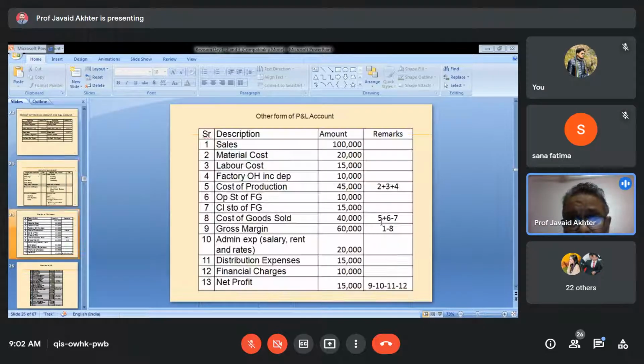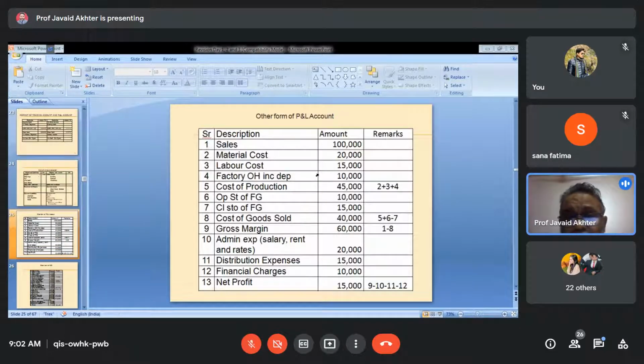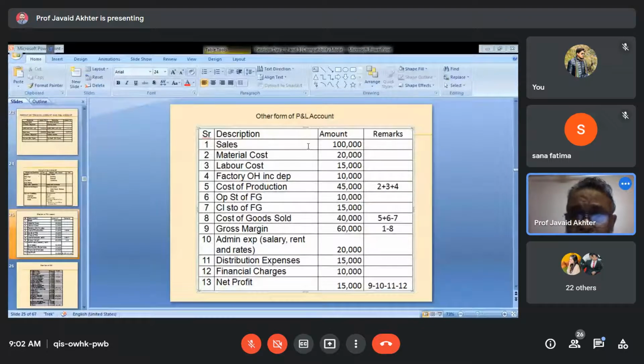If you have no questions, the profit and loss account can be prepared the way I explained to you. It can also be shown in this way. It can also be presented for the management for taking decisions in this way: you write sales, then you write this is your revenue, then you write various costs, and each category of cost has a specific head.